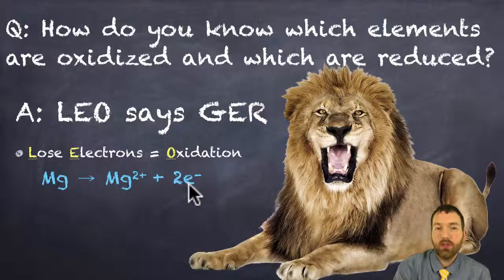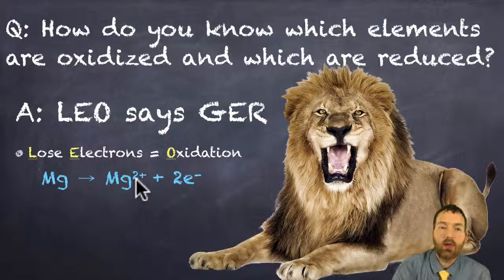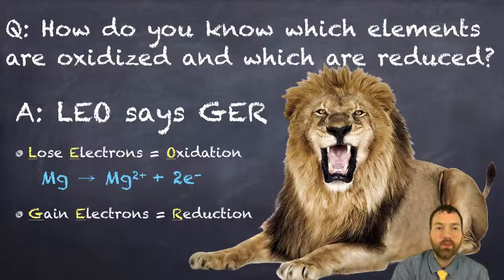So I know I've lost electrons because the electrons are on the right-hand side of the arrow here, which means it's a product. I'm giving off electrons. Remember, electrons are negative. So if I lose 2 negative charges, the overall charge of the ion has now become positive 2. And GER is going to stand for gain electrons reduction.